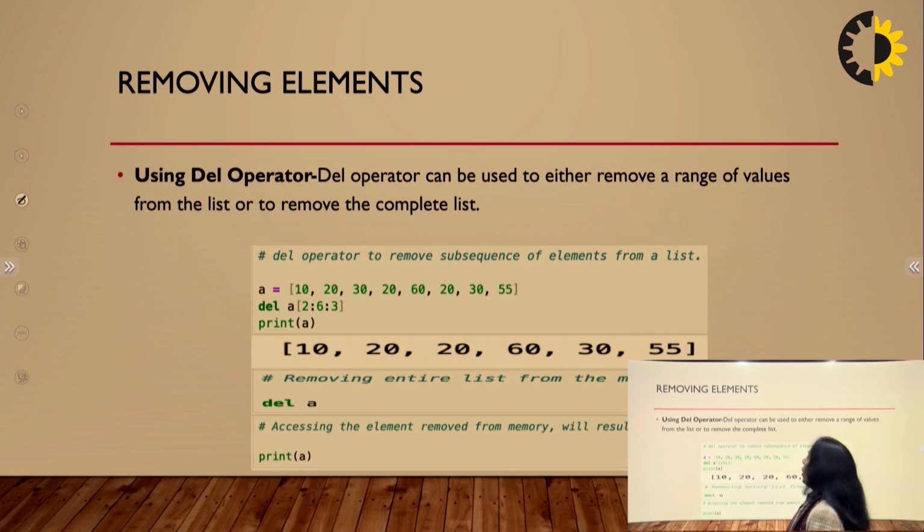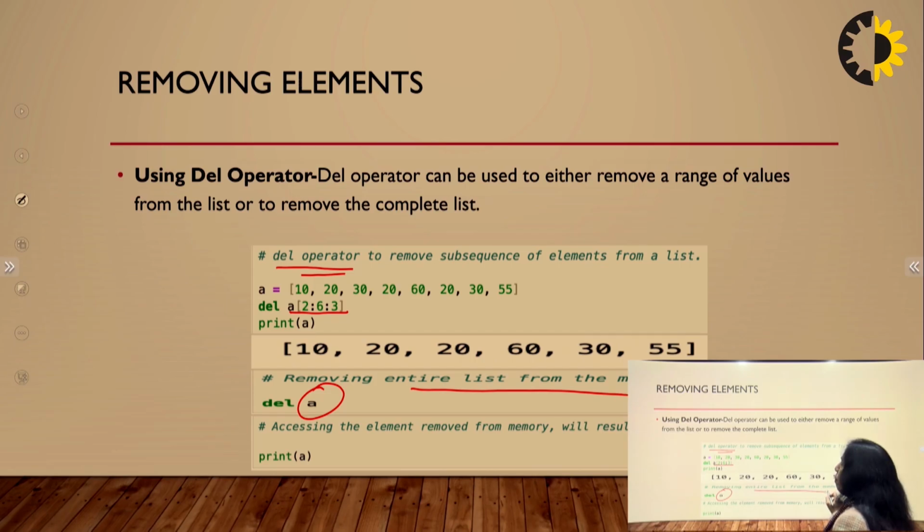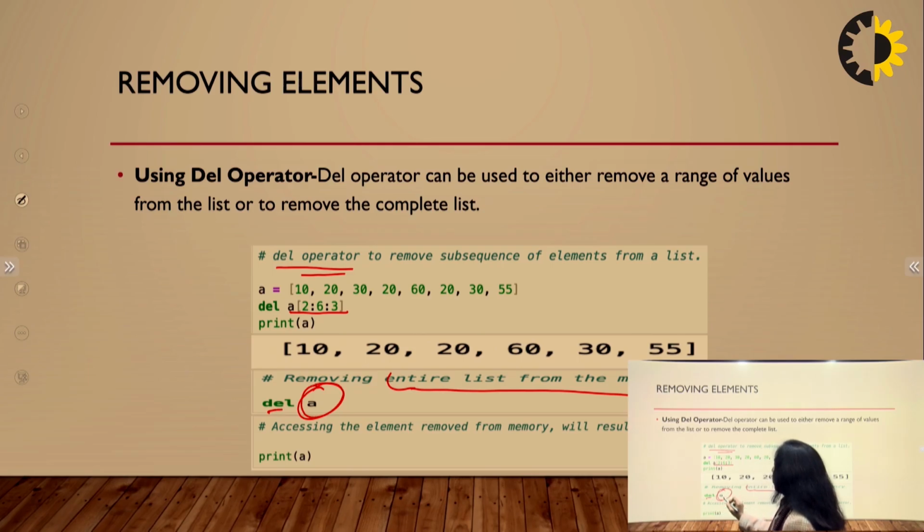To remove elements, the del operator is used. Here again we can take a range, that is start, end and step, or we can directly remove the entire list from memory by using del and the list name, the variable referring to the list.